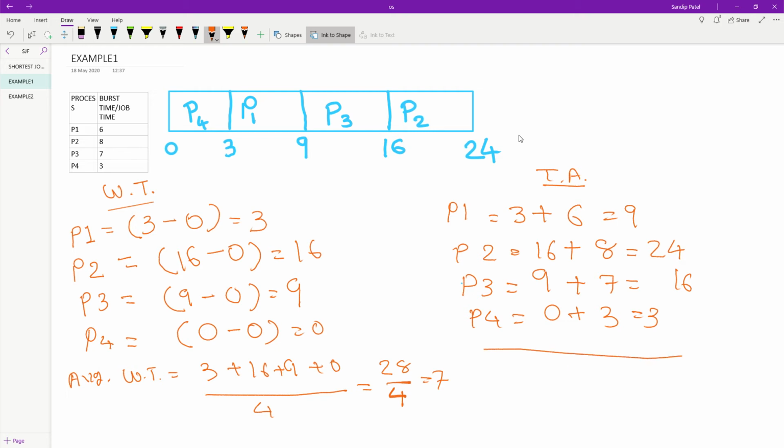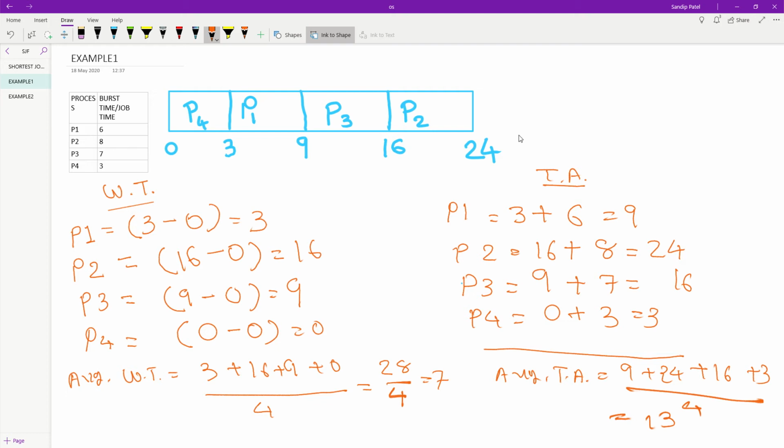The average turnaround time is equal to 9 plus 24 plus 16 plus 3 divided by 4. So finally it is 13 milliseconds. So that is the way you can calculate the waiting time.